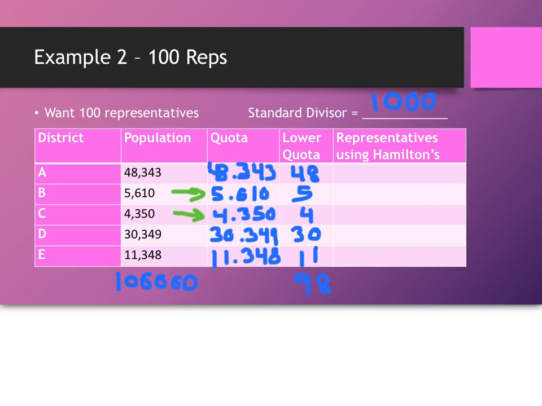So in this case, the number of representatives using Hamilton's method is 48, 6, 5, 30, and 11. And if you add those up, 48 plus 6 plus 5 plus 30 plus 11, you'll get the total of 100 representatives, what you wanted.